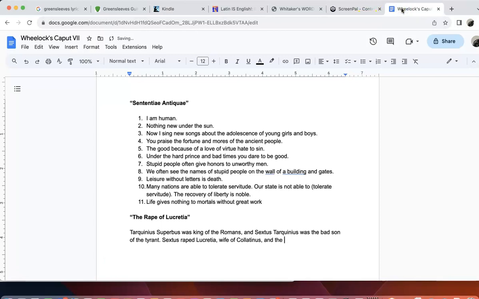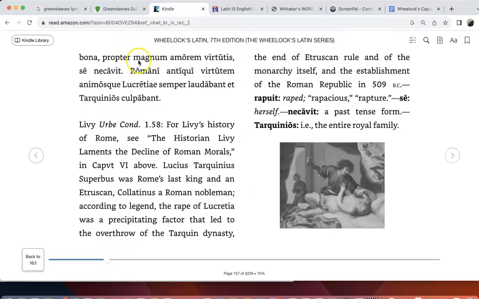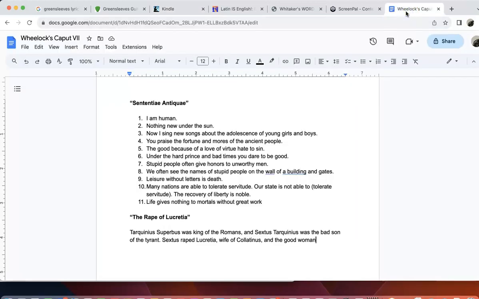And then what makes her good? Well, we're about to find out. Because of her great love of virtue.